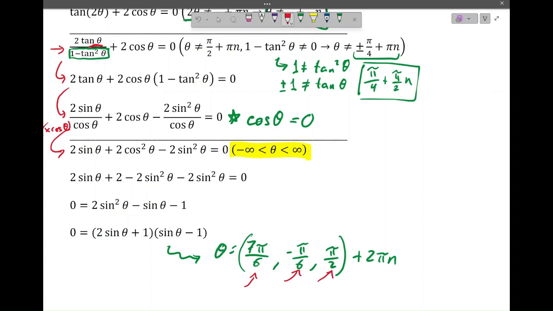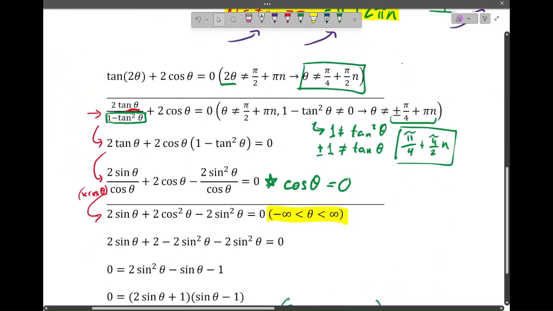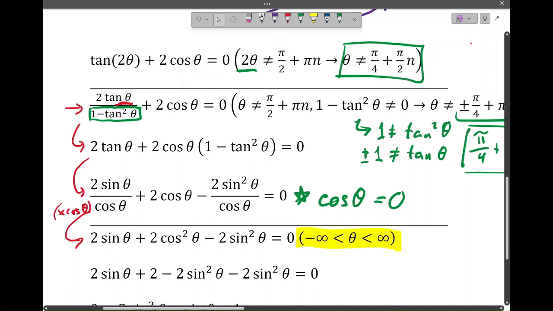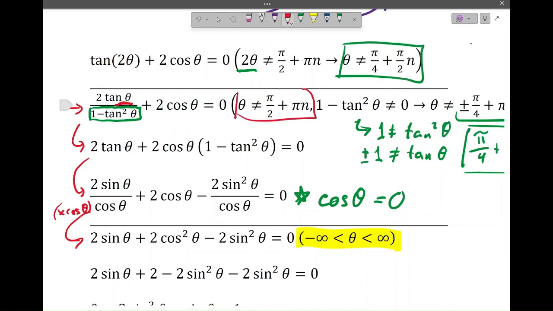All 3 of them work. And it comes from the fact that in the original equation, the very beginning, the angle can be pi over 2, because this restriction is not one of the original ones. It was a new one that we introduced when we added this power fraction.